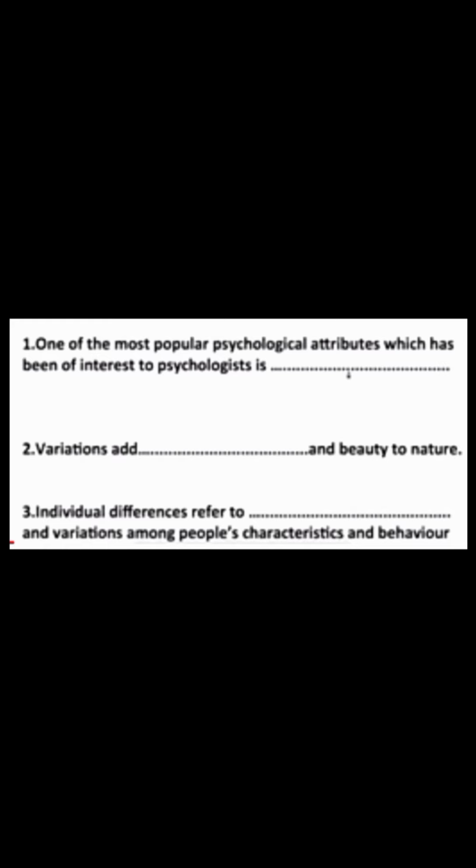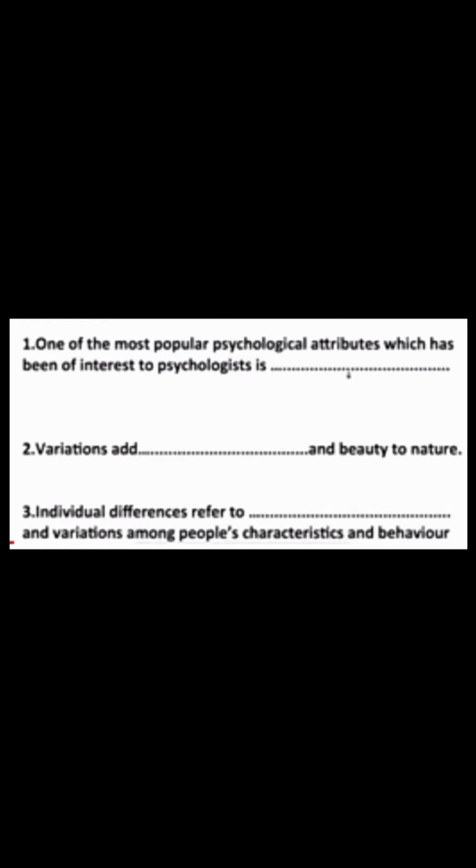This statement you will be finding many times. In this statement, children, it's a general term which is coming. Variation means difference. Now all the differences which you see in the nature, in the human beings, they add color, variety adds color and beauty to the nature. So the answer would be color here.